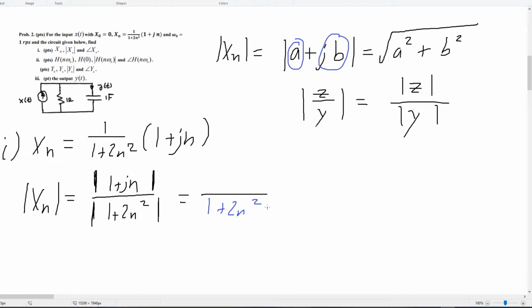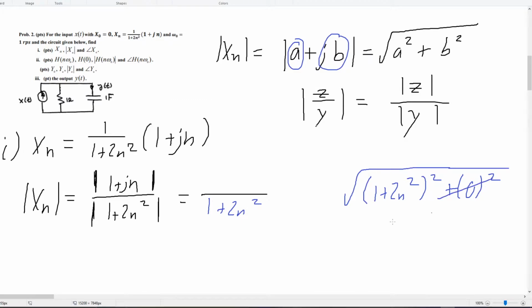So this is kind of like it's saying plus j0, right? So if I were to go over here, it'd be like saying the square root of 1 plus 2n squared plus 0 squared, right? Because it's going to be a plus jb.